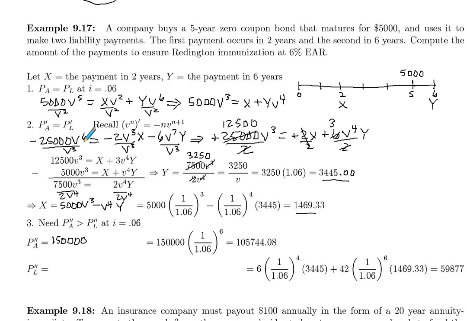And then we increase our exponent by 1, so v to the 7th. So then that's 150,000, and we plug in our discount factor 1 over 1.06, and this should be a 7th power.